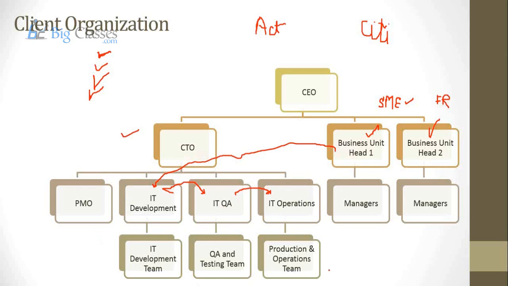And from a role point of view, you would interact with the SMEs to get the functional requirements, and with the dev, QA, and operations team to get the non-functional requirements. Okay, clear about this? Any questions? All right, good.